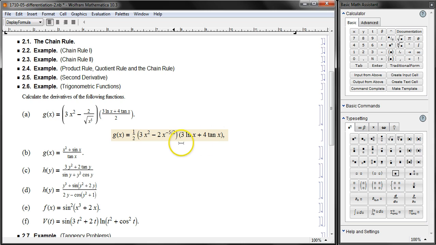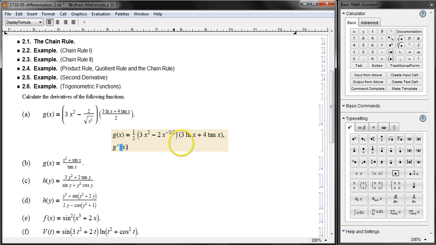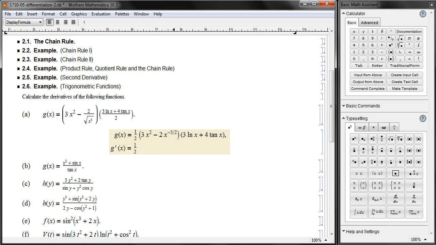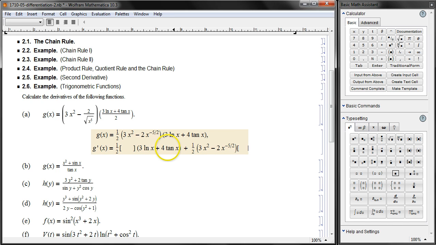Okay. Let's go ahead with the derivative now. The outer structure is going to be the product rule: the derivative of the first function times the second function, plus the first function times the derivative of the second function. Let's see. 1/2, derivative of the first function and then the second function, u prime v, plus first function times the derivative of the second function.